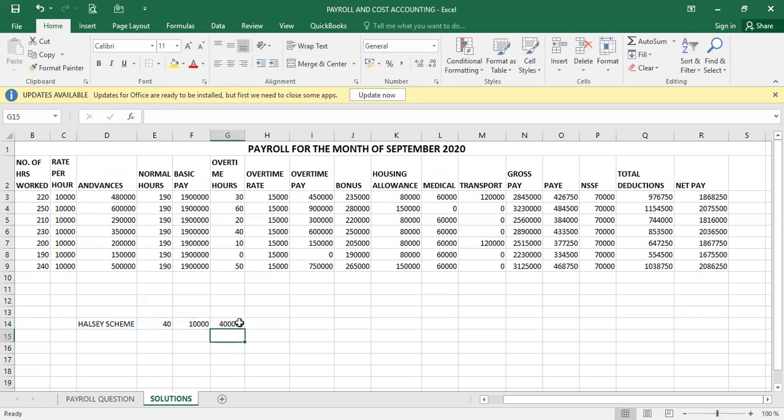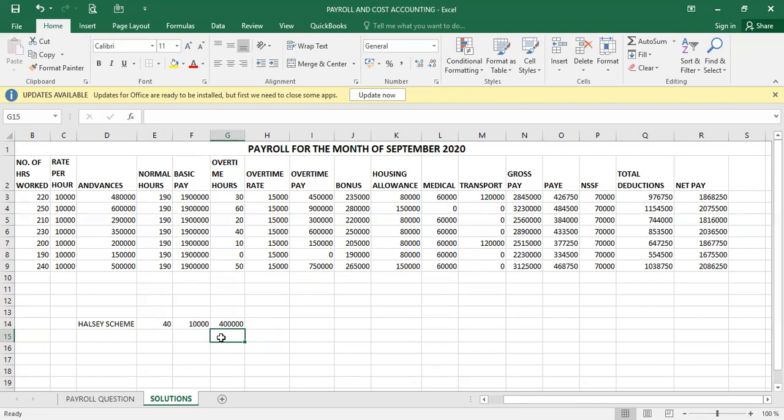It will be 400,000. That will be the exact amount that the company should have paid for these extra 40 hours. But the Halsey scheme says that if the person has saved that time, we get the time saved times the time rate, then we divide that by 2, or we get 50%. The person is supposed to be paid 50%.